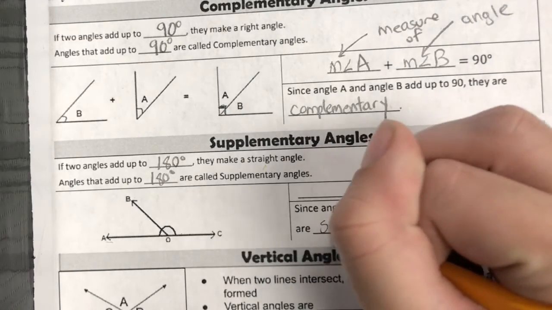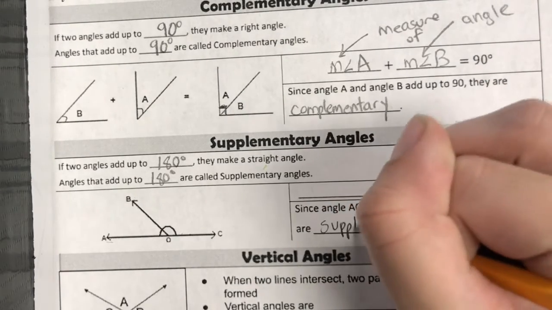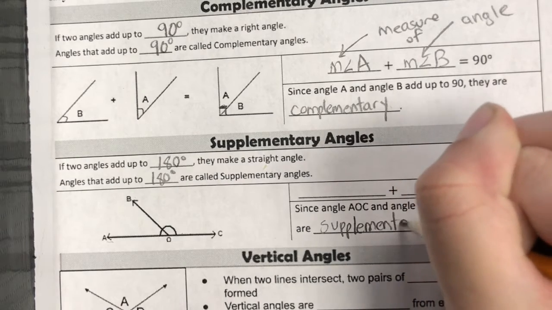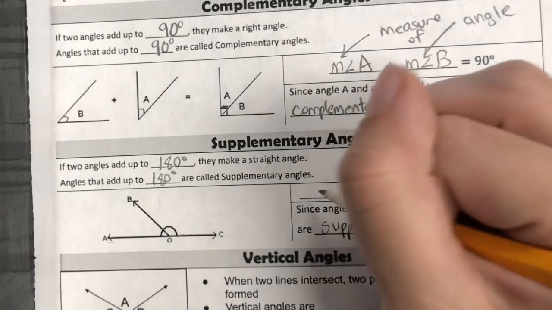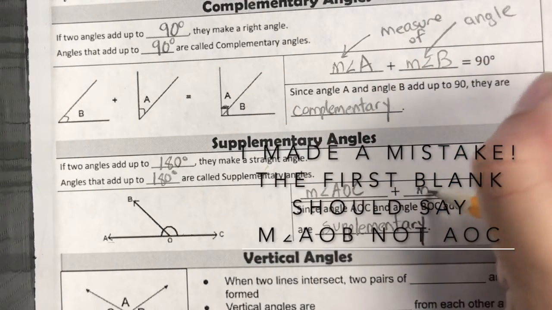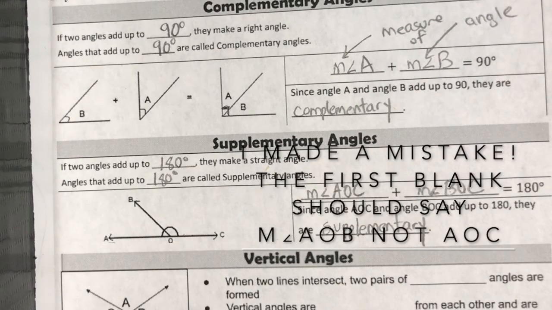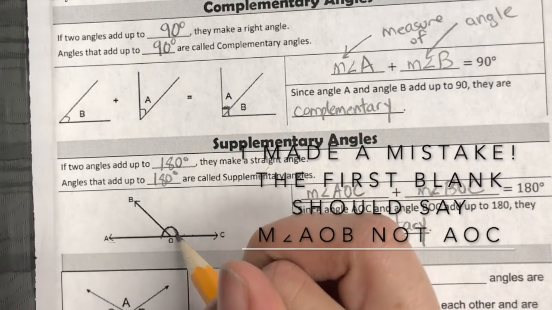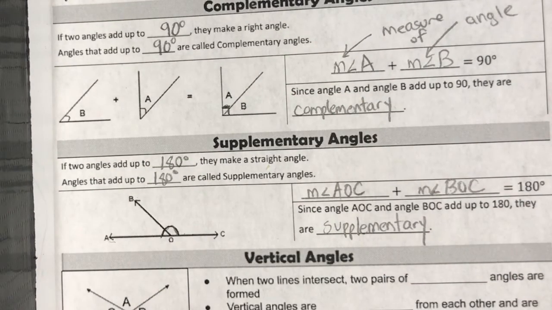So I'll write that down there. Since angle AOC and angle BOC add up to 180, they are supplementary angles. And in equation form, we'll say the measure of angle AOC plus the measure of angle BOC equals 180 degrees, because this straight line, straight angle is 180 degrees. If these two make it up, they would have to add to that.